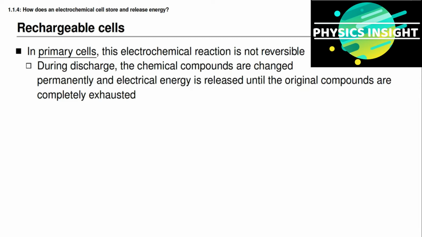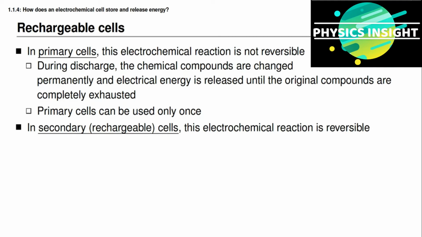And even if I try to recharge a primary battery, the compounds that have been formed during discharge will not recombine into the original compounds that were present before the discharge, and therefore it will not recharge the battery cell. And this is the principal reason that primary cells can be used only one time.